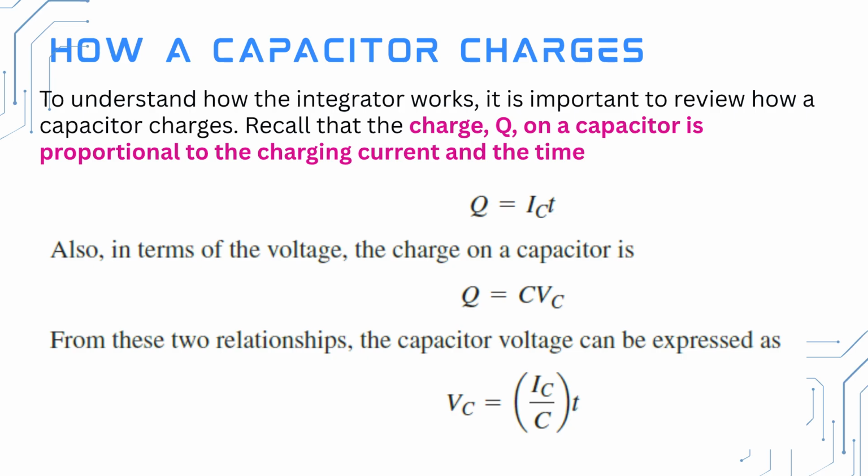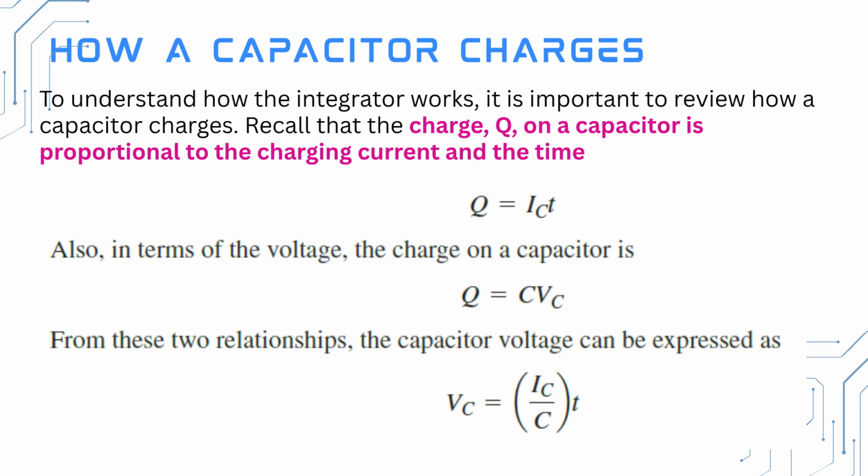Para mas maintindihan natin kung paano nagwo-work ang isang integrator, kailangan nating i-review paano nga ba nagcha-charge ang isang capacitor. Recall that the charge Q on a capacitor is proportional to the charging current and time. So given ang charge natin na Q is equal to I sub C times T. Also, kapagka naman ginamit natin yung voltage, yung charge natin sa capacitor is given by this formula.